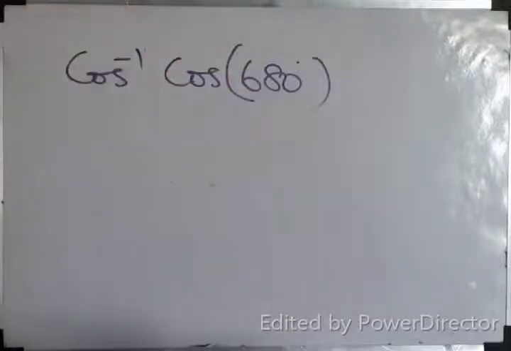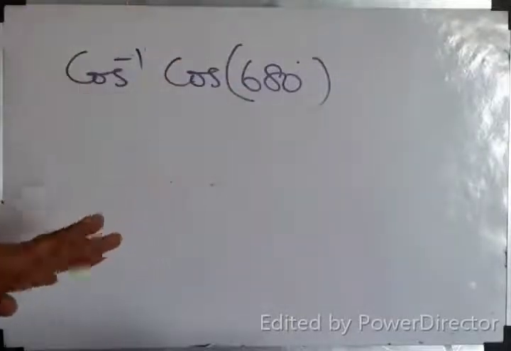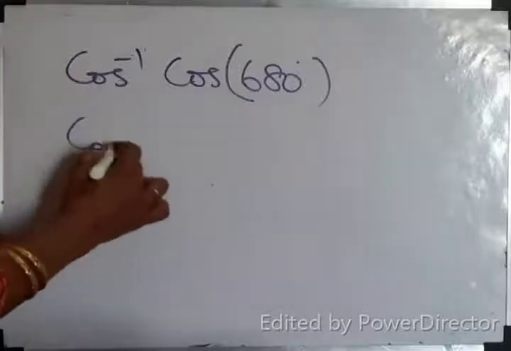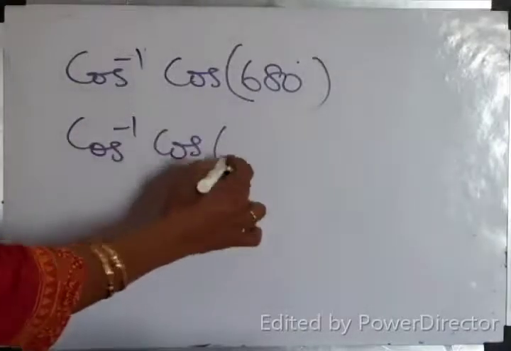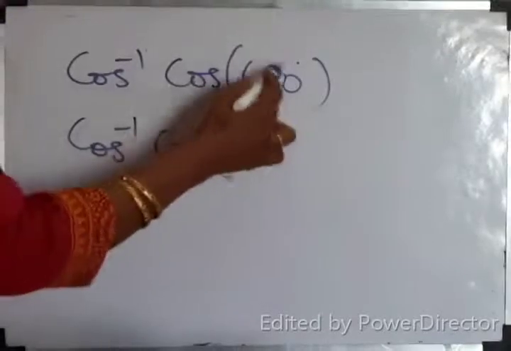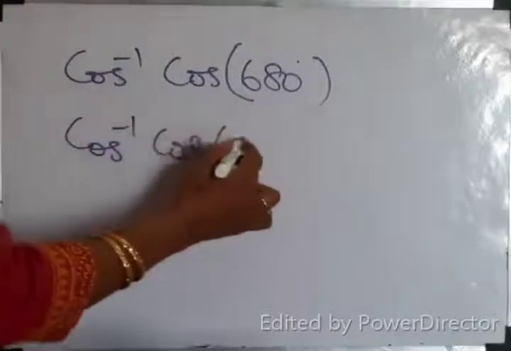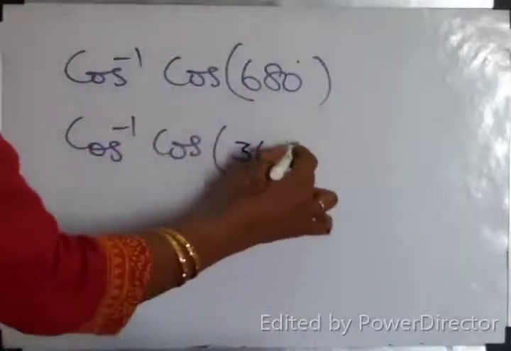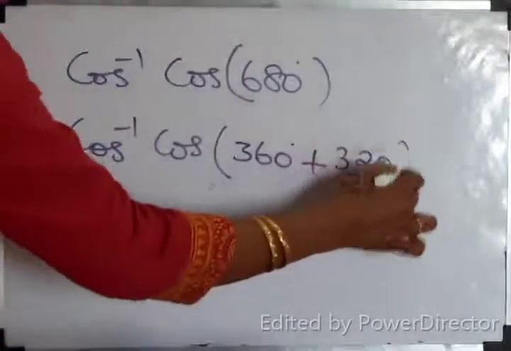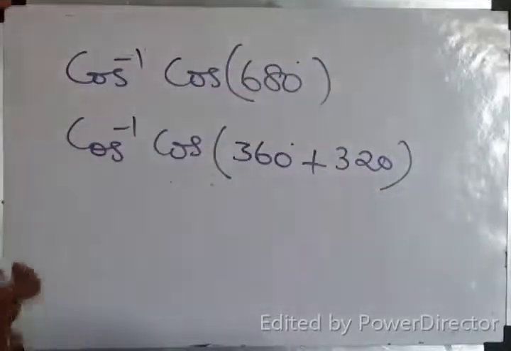So you can't write 680. Cos inverse of cos, how will you write? You will simplify now. This 680, I can go by pi or 2 pi, isn't it? So I am writing it as 360 degrees plus 320 degrees.